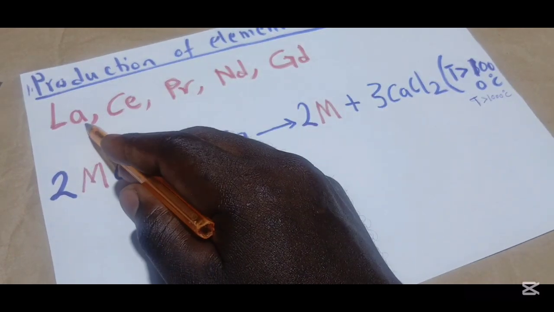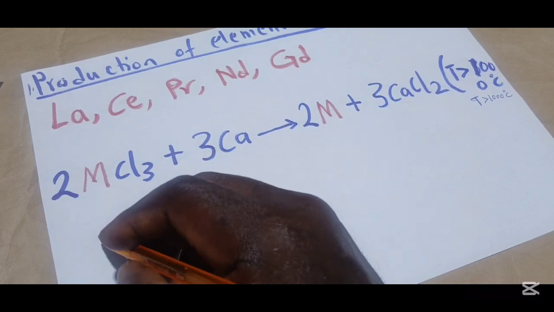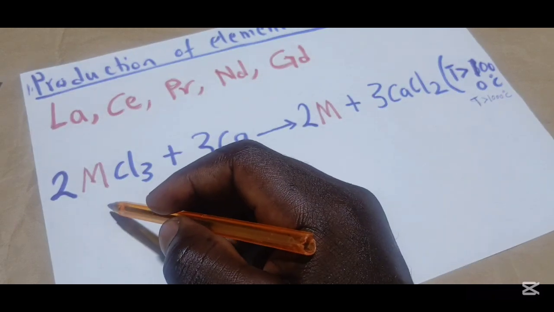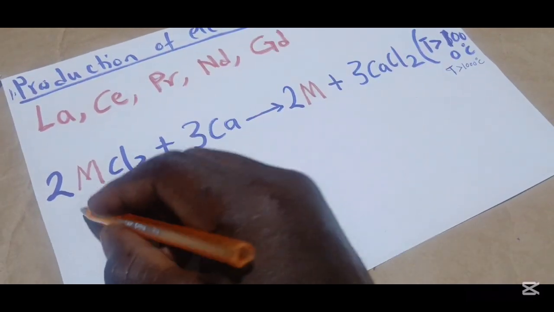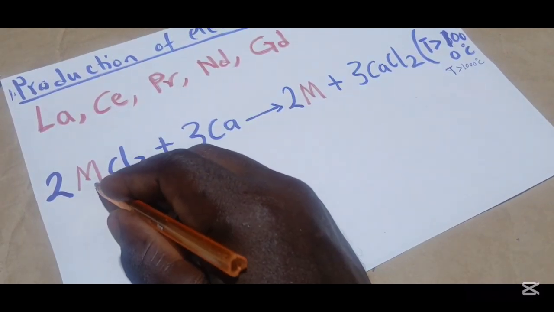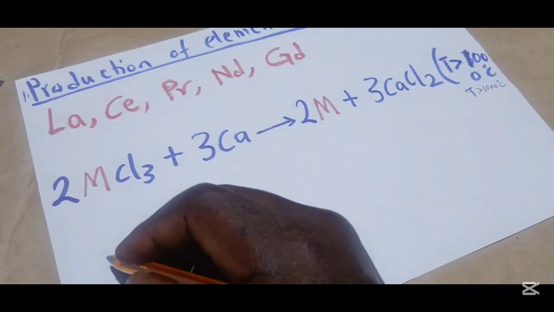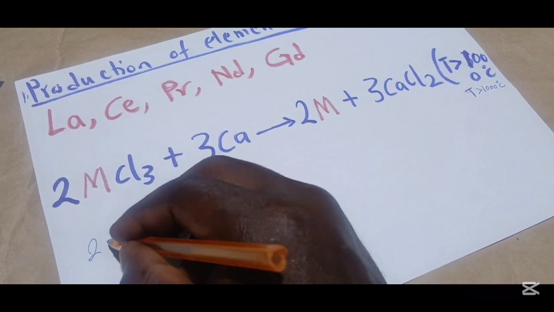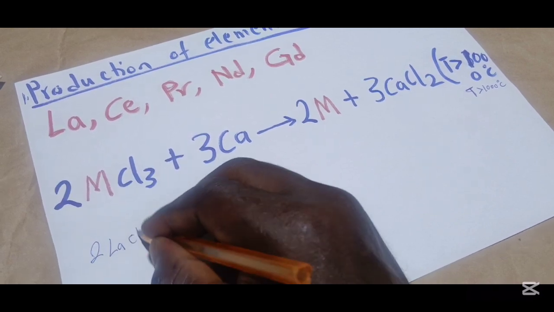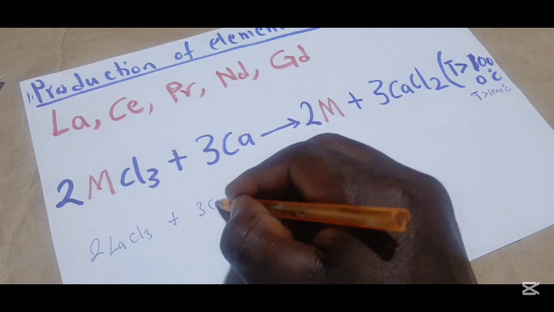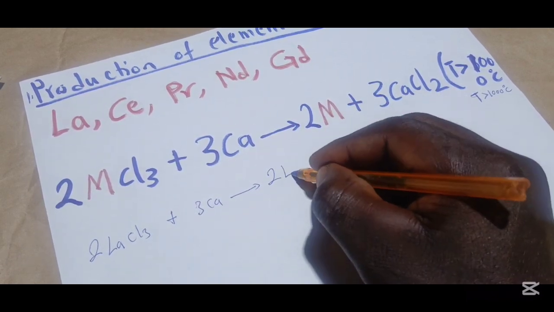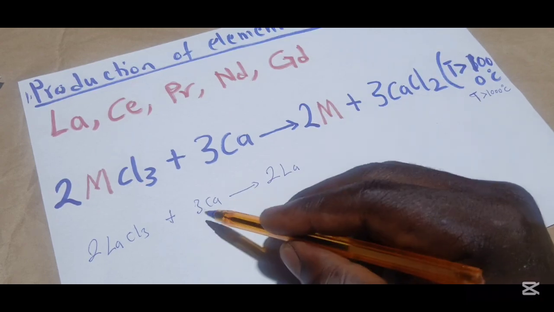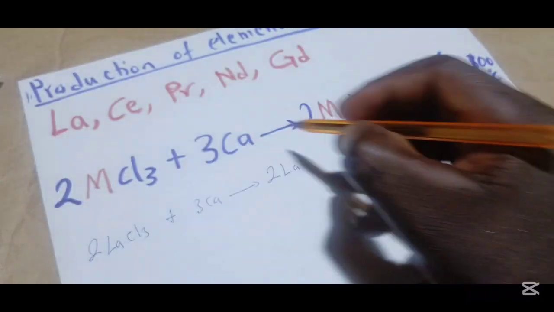So first of all, we have to take lanthanide. Wherever we see M, we have to take La, lanthanum. So wherever we see M, we replace it by La, right? So 2LaCl3 plus 3Ca, giving us 2M, and we replace M by La, because we are showing how La is produced elementally, right?